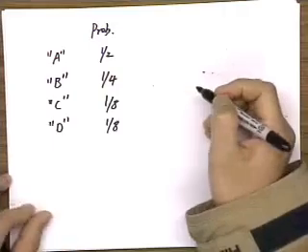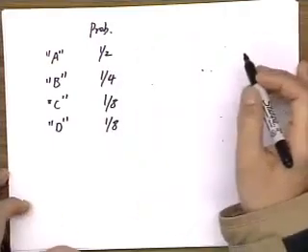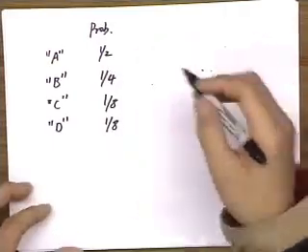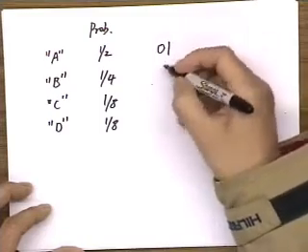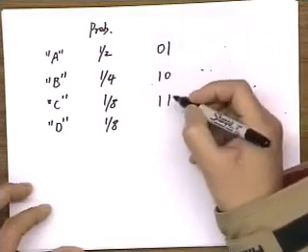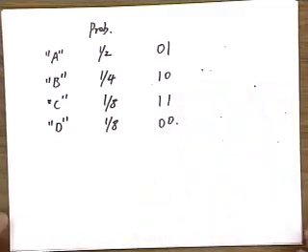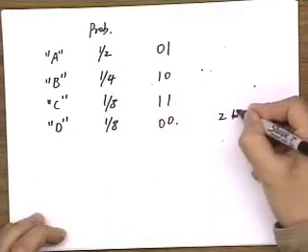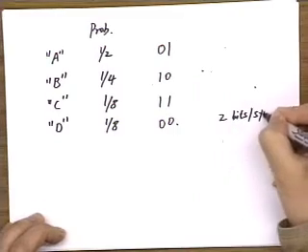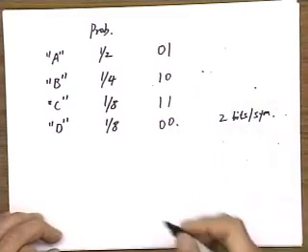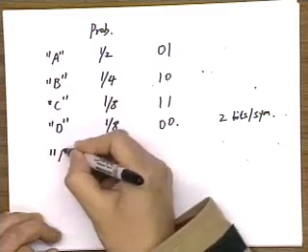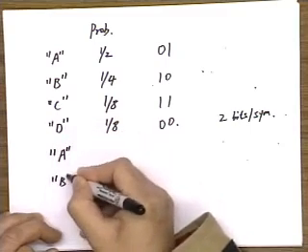The uniform way is very simple: we just assign 2 bits for each symbol, 0 0, 0 1, 1 0, and 1 1. So the average is 2 bits per symbol. But we could try another way, which is non-uniform.